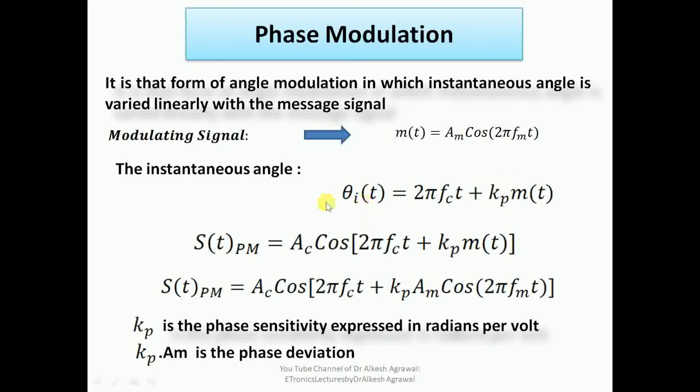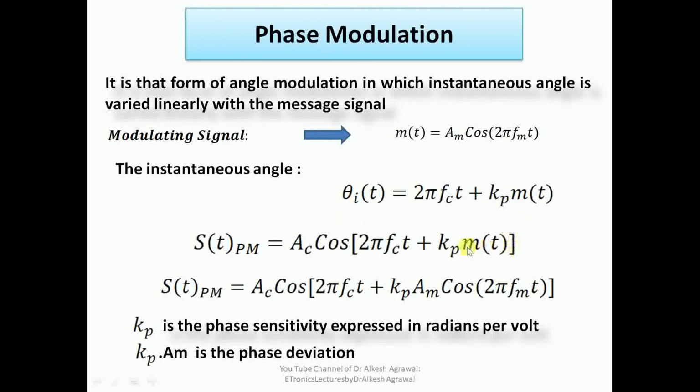Now if we put theta i(t) into our main equation, the phase modulated signal is described as Ac cos of theta i(t). So we have Ac cos[2π fc t + kp m(t)].